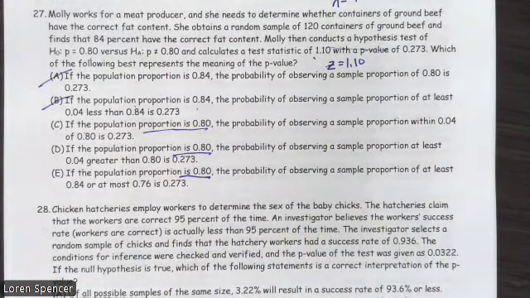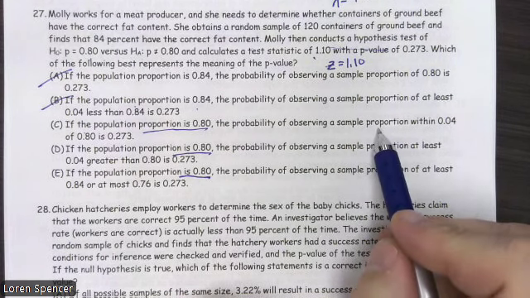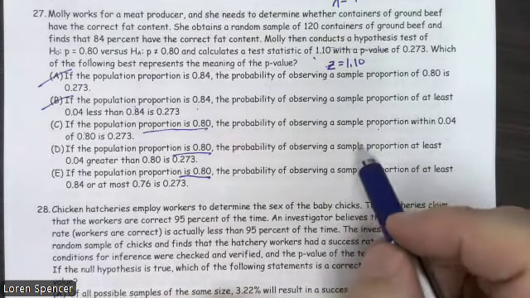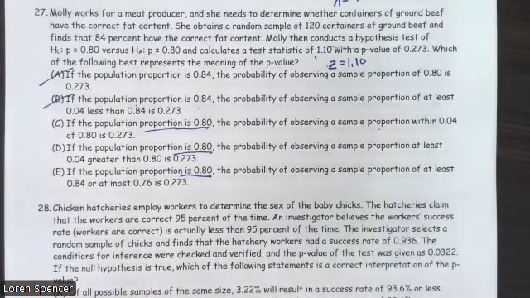So it could be one of those three. So the probability of getting a test statistic this extreme given the null is true. The probability of observing a sample proportion within... So our best, once again, let me restate the definition of a p-value.